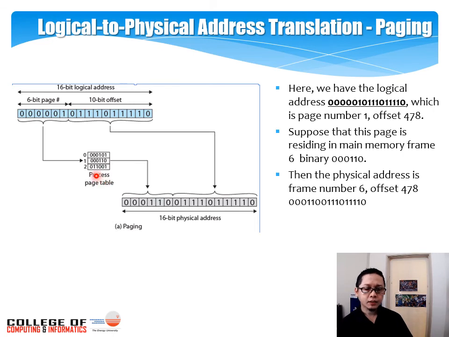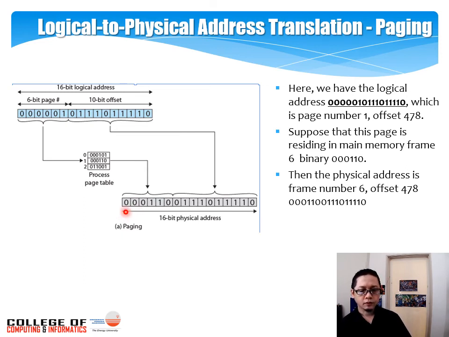So what happens next? You take this value and straight away replace the page number with it. Now this value is the physical address for that process.